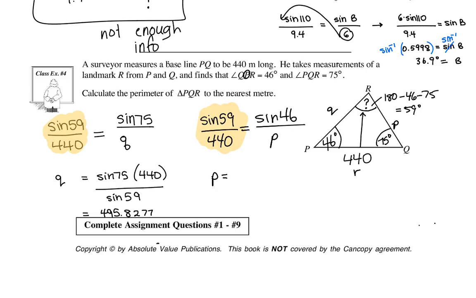So again, just as you quickly are getting better at cross multiplying, where is the letter p? Down on the right? So it needs to go up on the left.